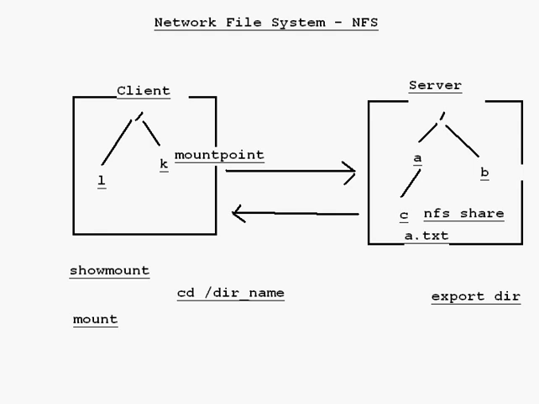So let us say there is a directory called L here, and once I move into the L directory, only at that time the NFS share should get automatically mounted.